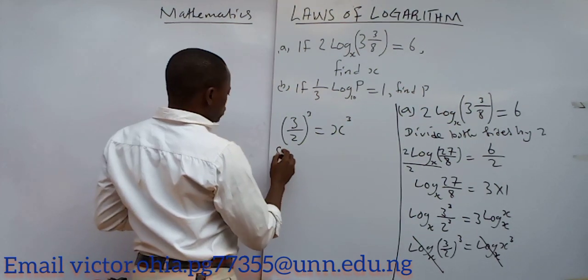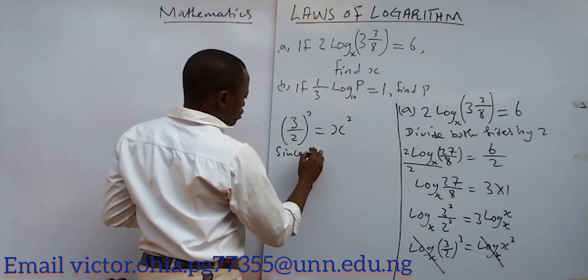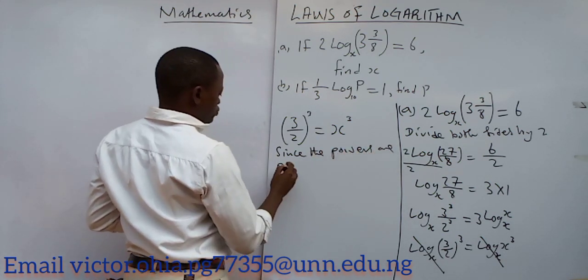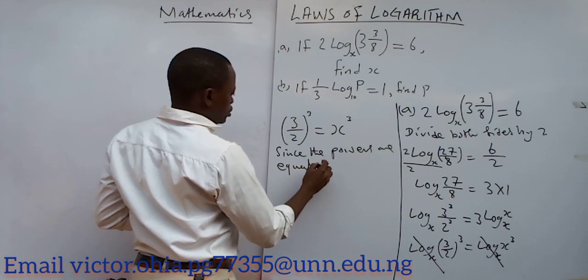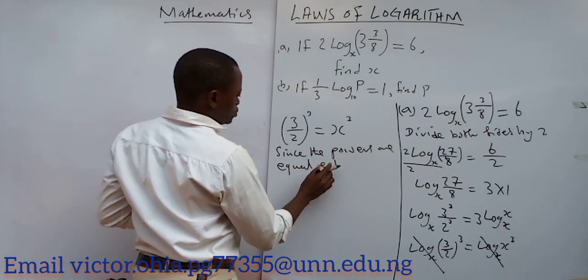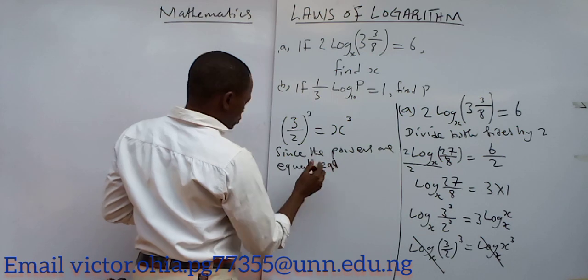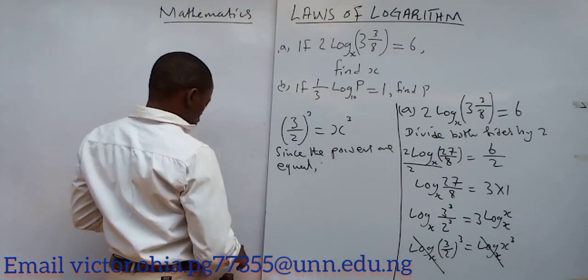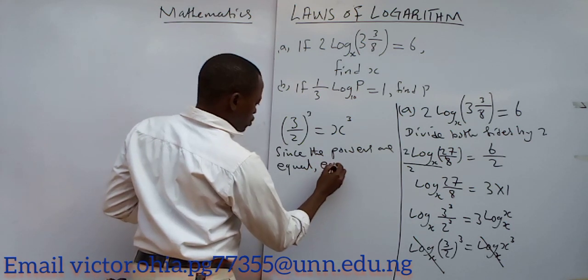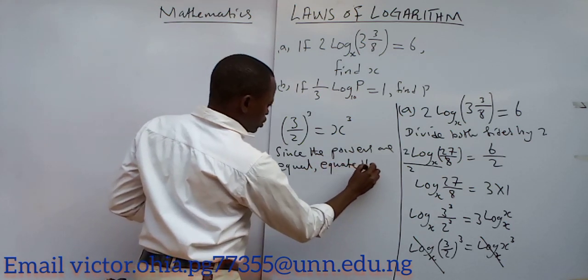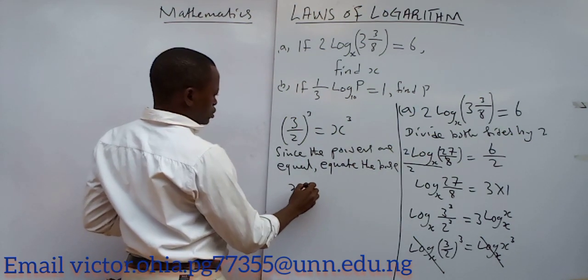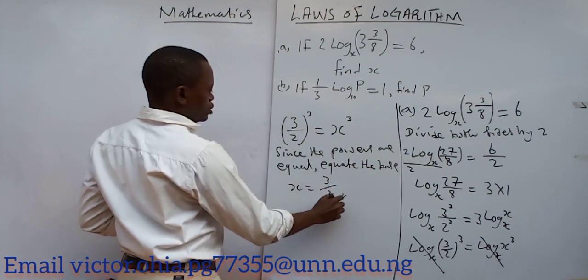Can we conclude and say, since the powers are equal, equate the base, so we can say x is equal to 3 over 2. That's the result.